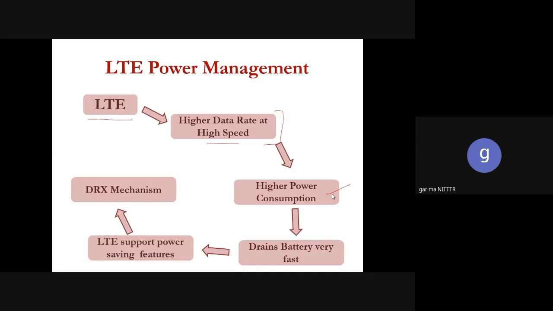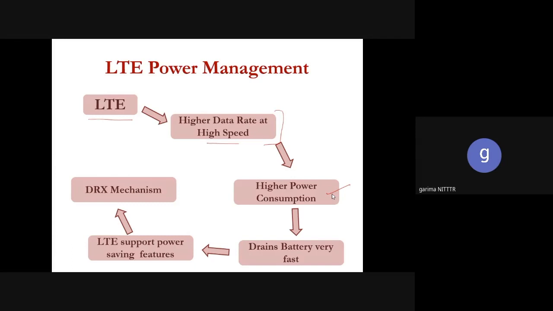If you remember, when we started using 4G network initially, and even nowadays, if you watch YouTube or videos on your mobile phone, your battery drains very fast. Even in the back end, you have so many applications running. We download so many applications and they run in the background, so they also drain our battery.